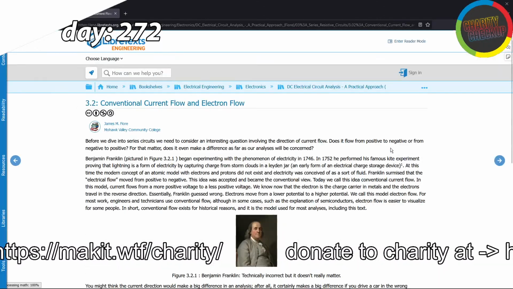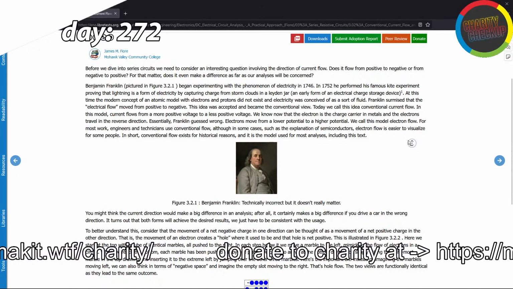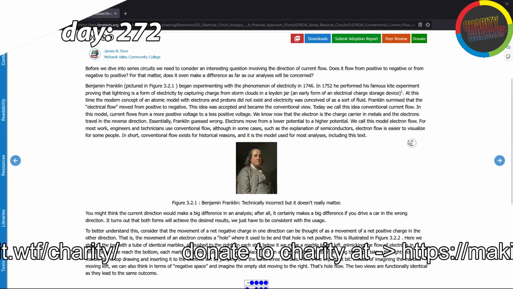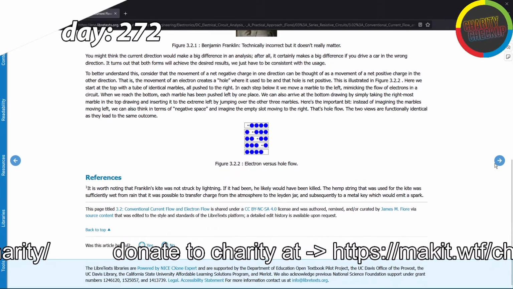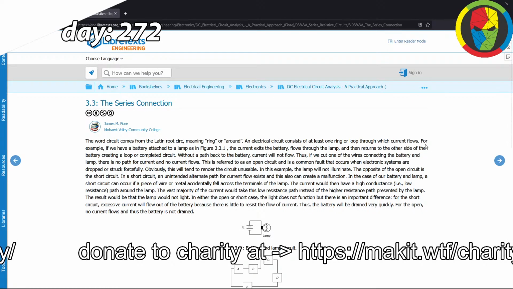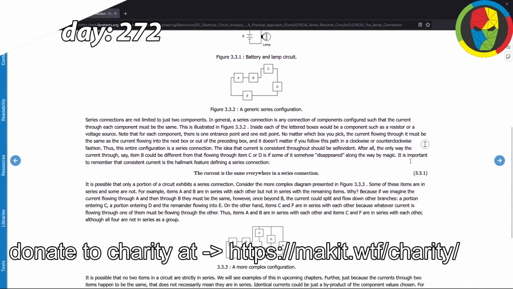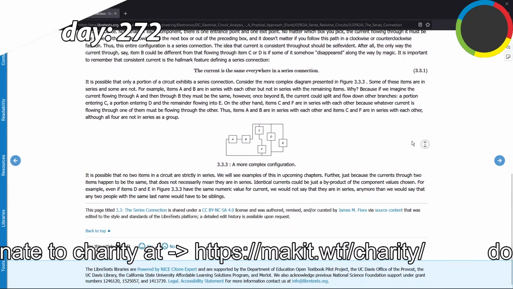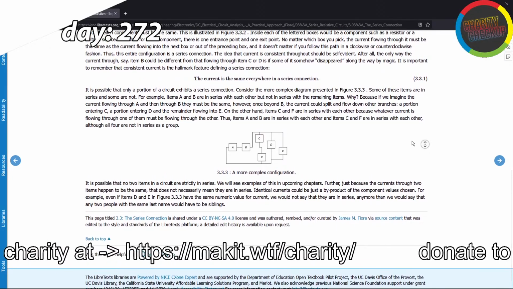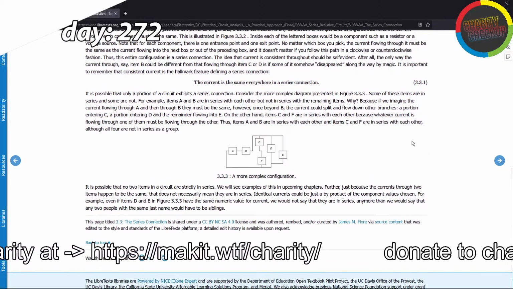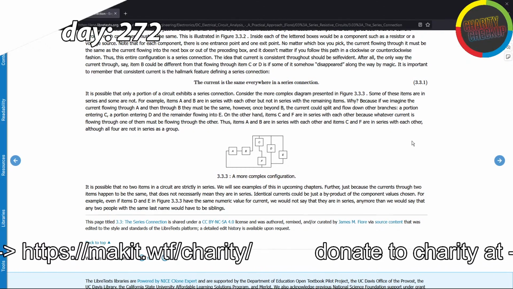Conventional, maybe this. Negative, positive, yeah, I know that much. I want to know how it affects everything. The series connection. The current is the same everywhere in the series connection. That would make sense. Right.